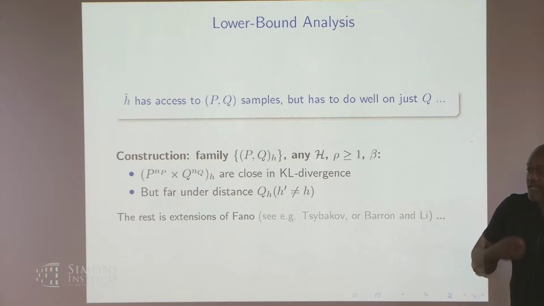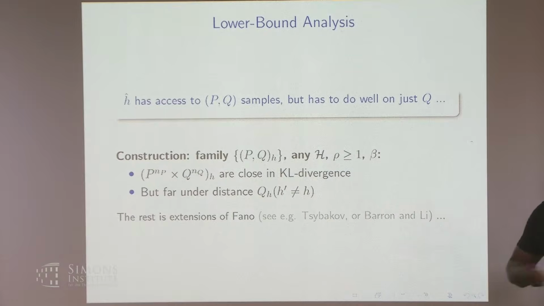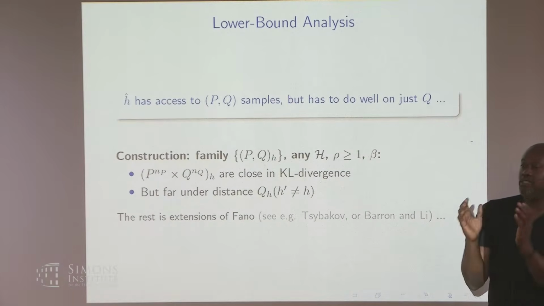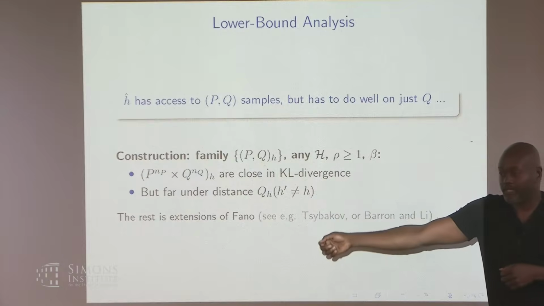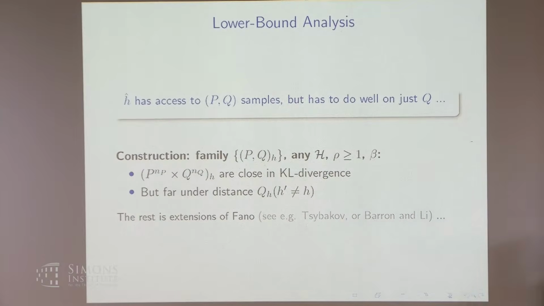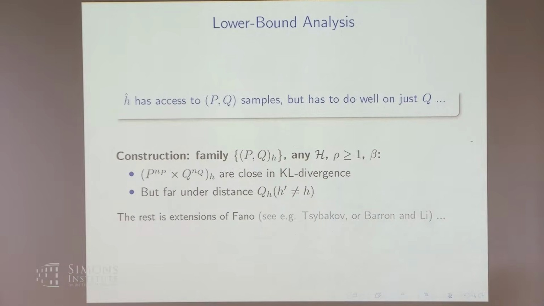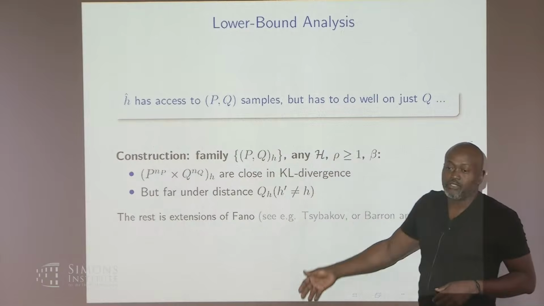We use these information theoretic tools to say that, given only this amount of samples, this is at most how well I can do. And here we have data from two different distributions, so we had to be a bit more careful about how to use the usual machinery.